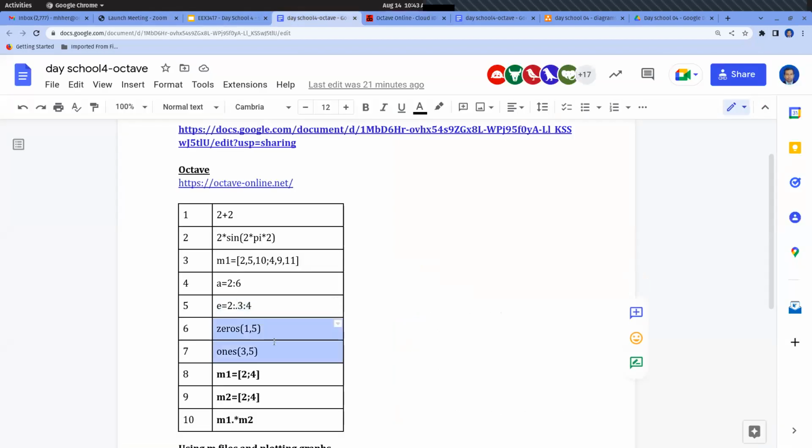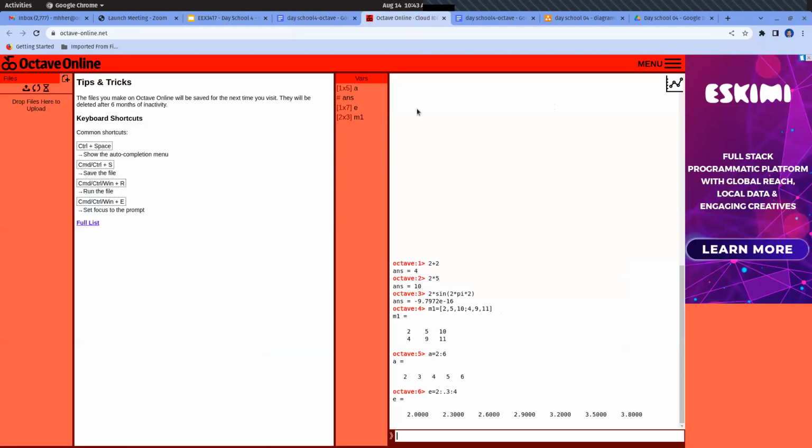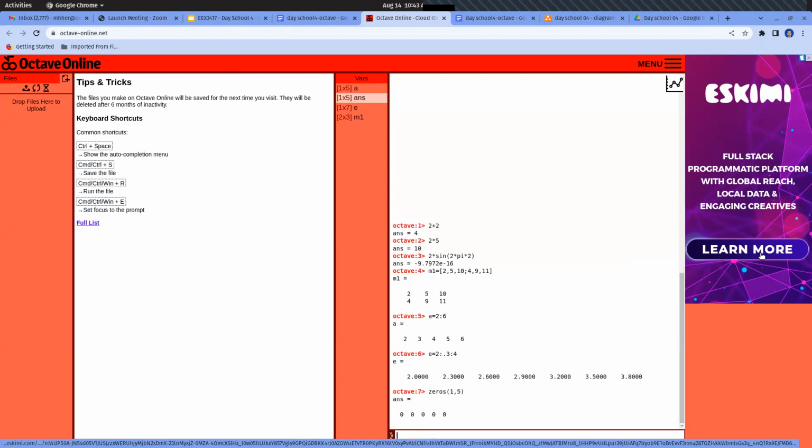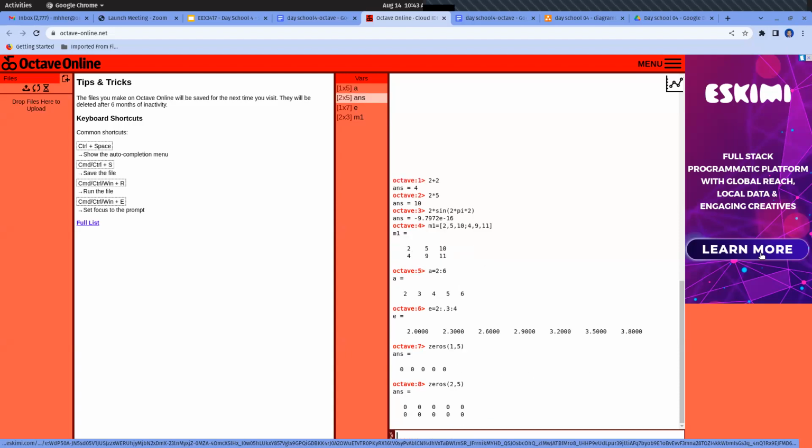And then zeros. This is an array of zeros, 1 row, 5 columns. If we put 2 here, there will be zeros, 2 rows, 5 columns.